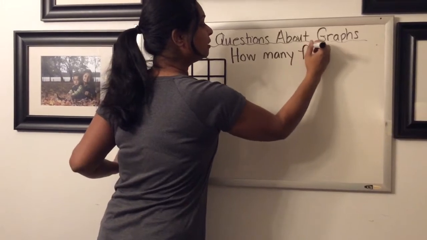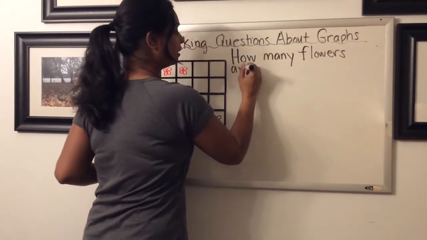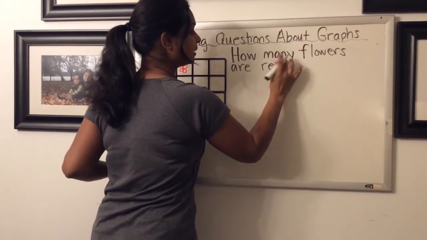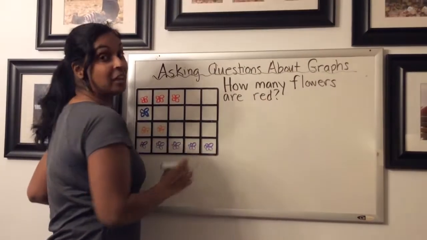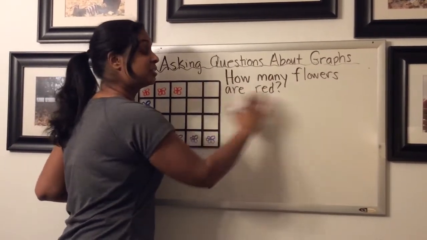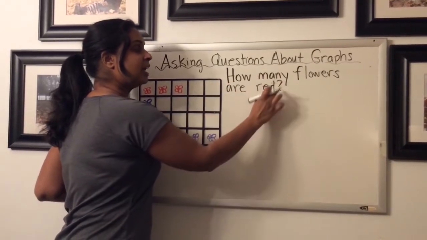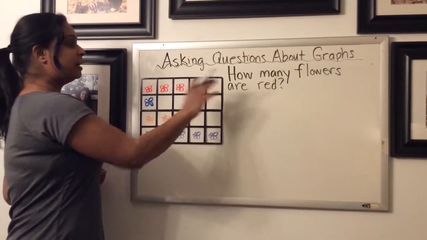How many flowers are red? Like this. And then don't forget, you've got to have that question mark on all of your questions. That's really important when we are writing our sentences. It's capital and then a question mark for an asking sentence. All right, so how many flowers are red?